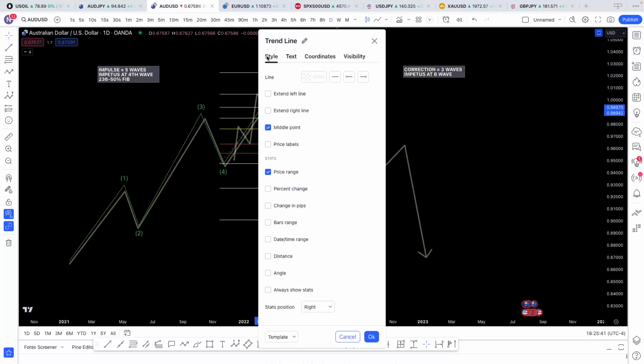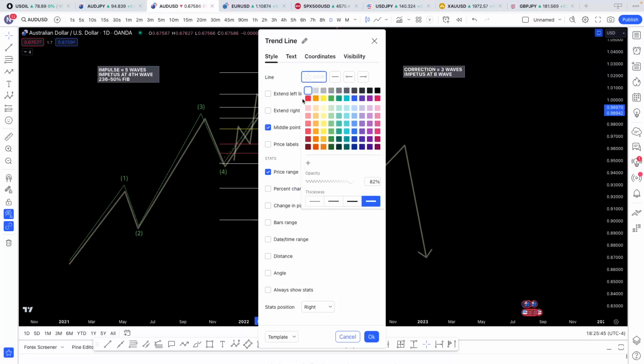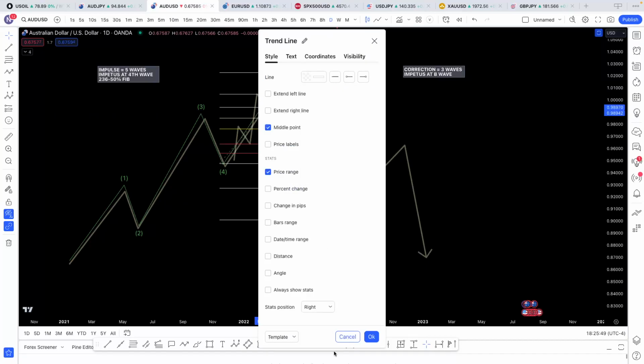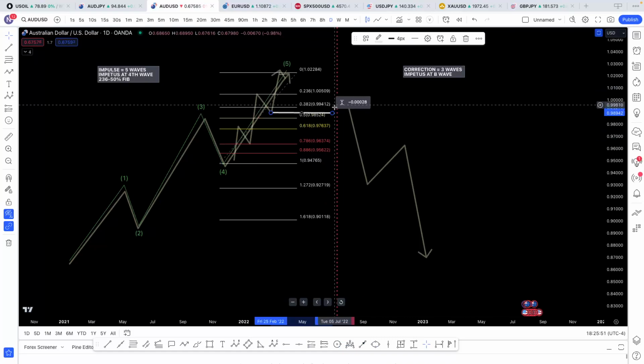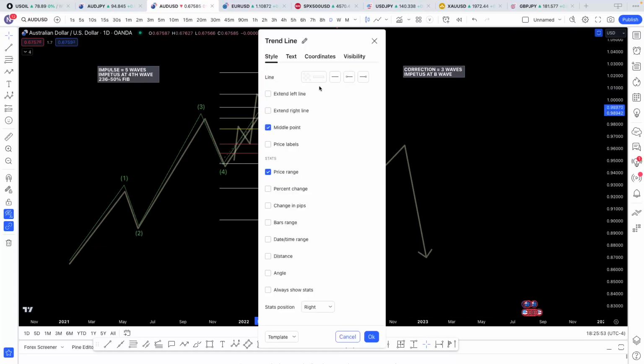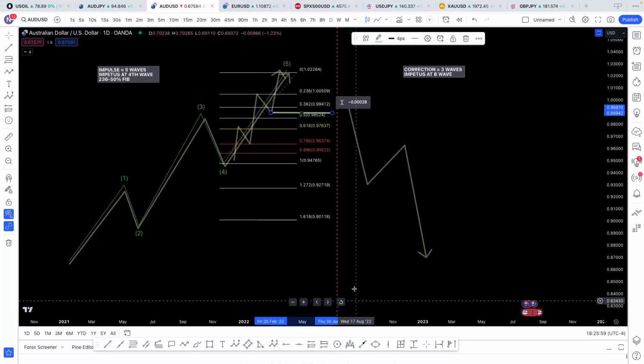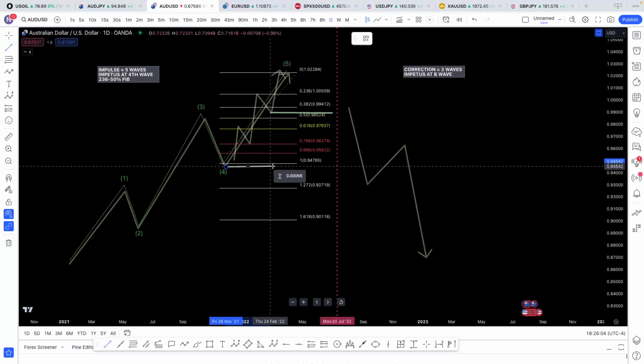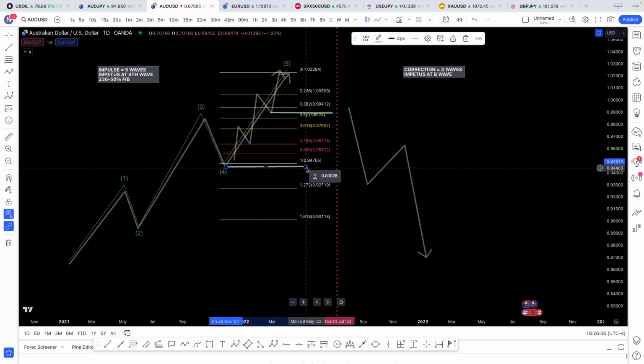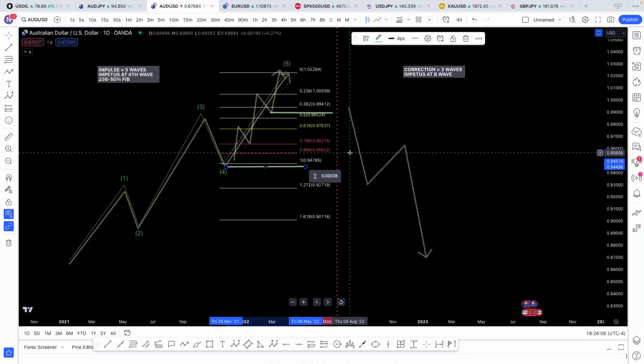I wish I had this preloaded. Goodness gracious, my fault. Let's do blue, maybe. All right, cool. I'm going to let that be.